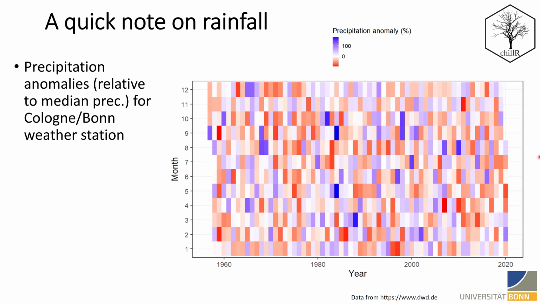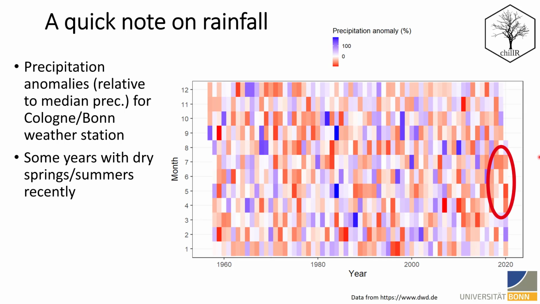What is shown here is the precipitation anomaly. Basically, what percentage of the long-term median rainfall fell in any given year in a particular month. The 12 months of the year are listed here, and then the years on the x-axis from about 1958 or so to the present.